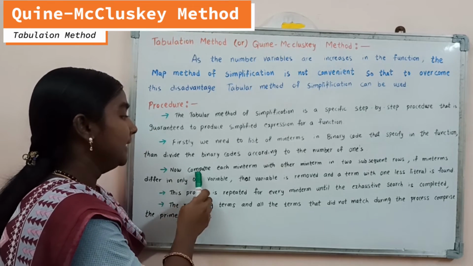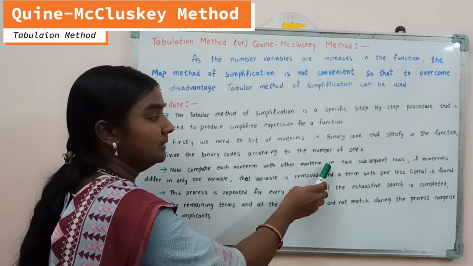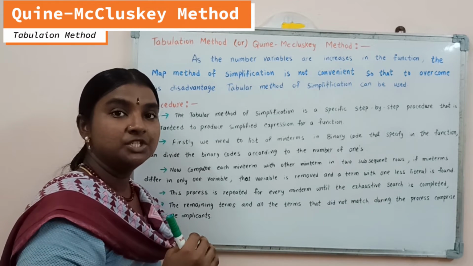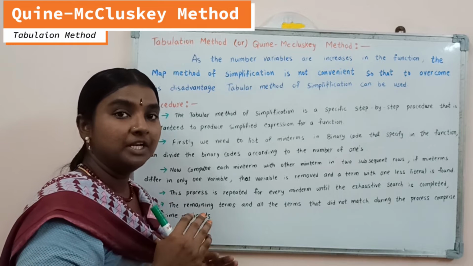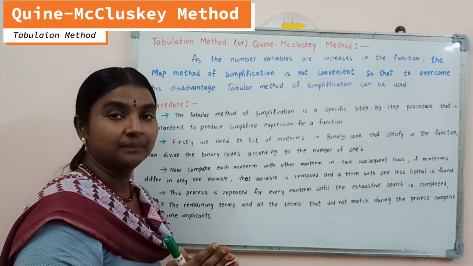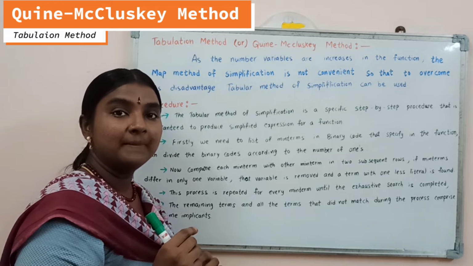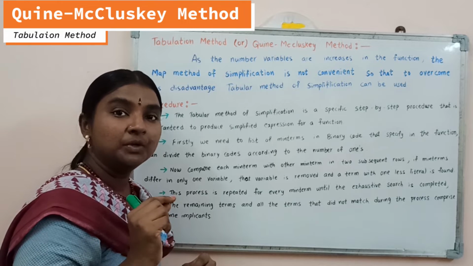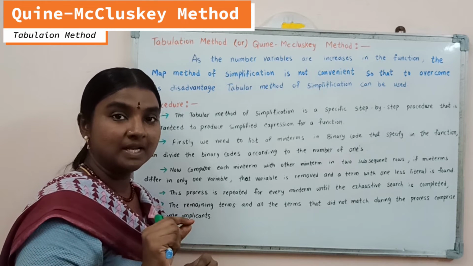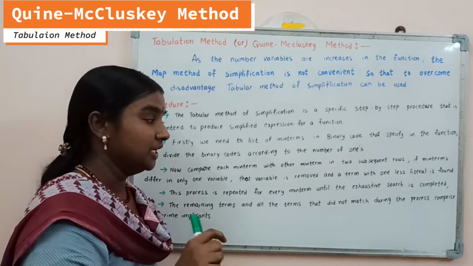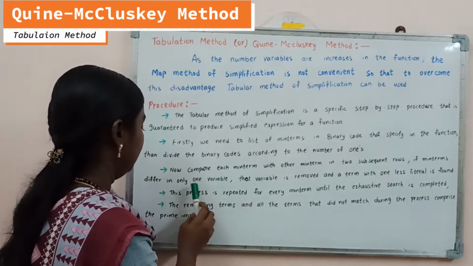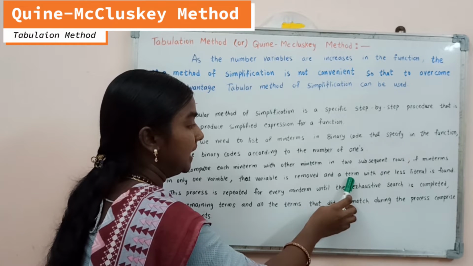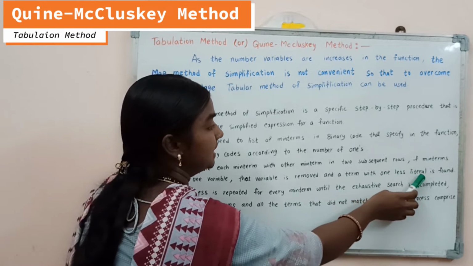Next, we need to compare each minterm with other minterms in two subsequent rows. Each minterm in each row we need to compare with the others. If in this comparison we find a one-bit difference, we need to remove that variable and keep a dash mark in that respective place, and write those terms with one less literal.